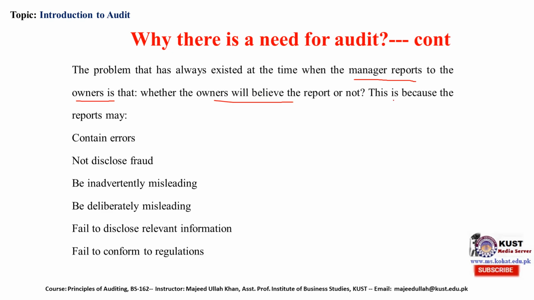This is because the report may contain error, not disclose a fraud committed by any senior management, unintentional or inadvertently misleading information, deliberately misleading information, fail to disclose relevant information, or fail to conform to the regulation.